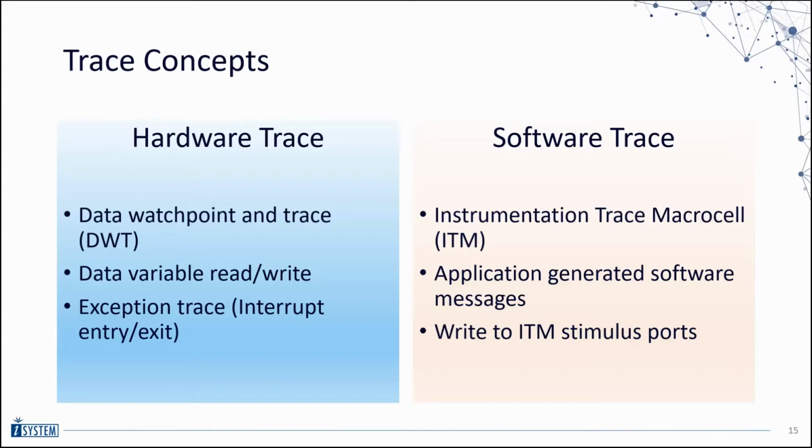At last, trace messages are sent to the TPIU unit. Once the trace messages are sent to the TPIU, again the trace interface, that is parallel and SWO, comes into the picture, which decides the output bottleneck. In the next two slides, we will learn more about the DWT and ITM modules.